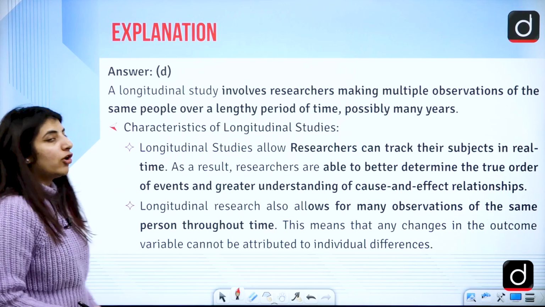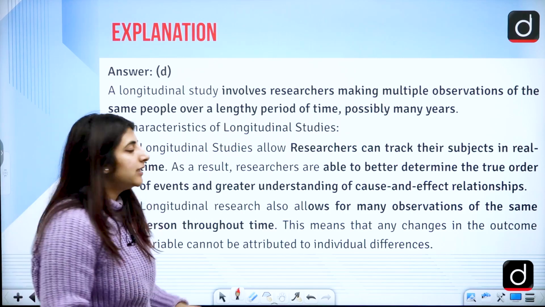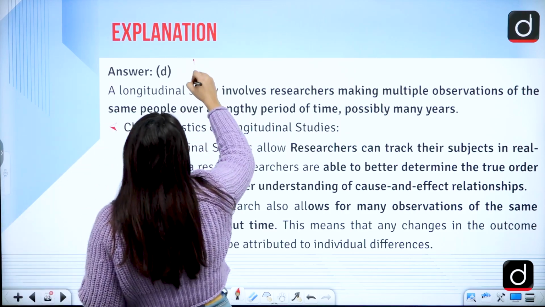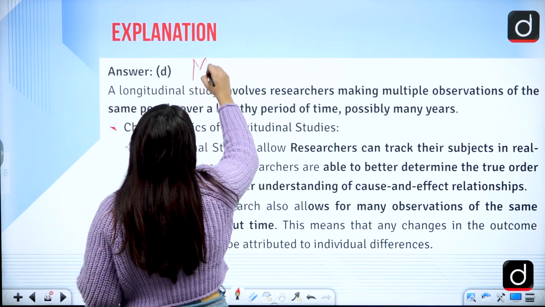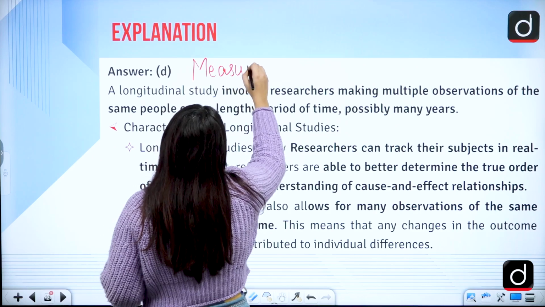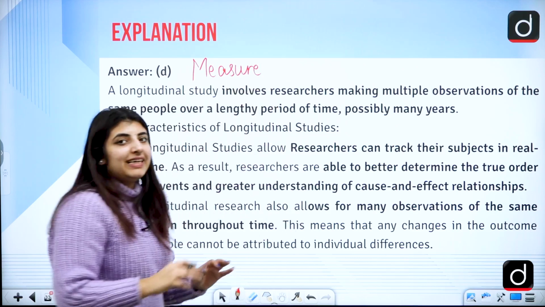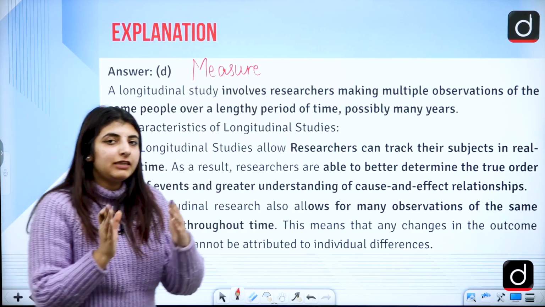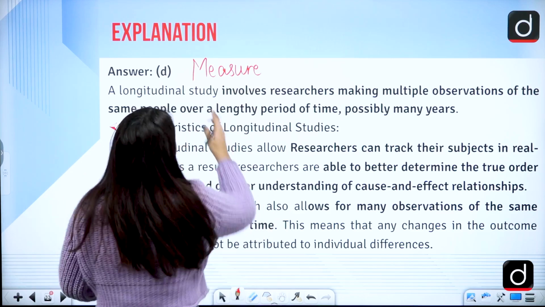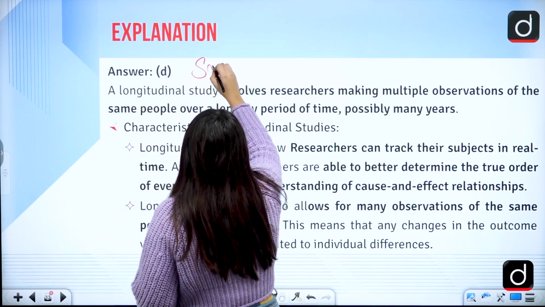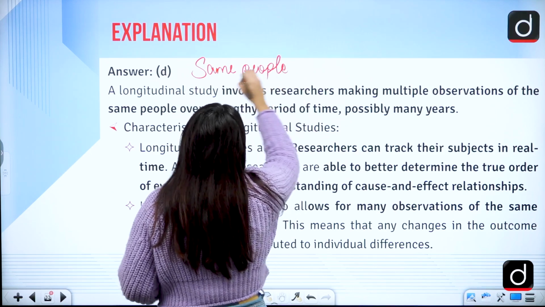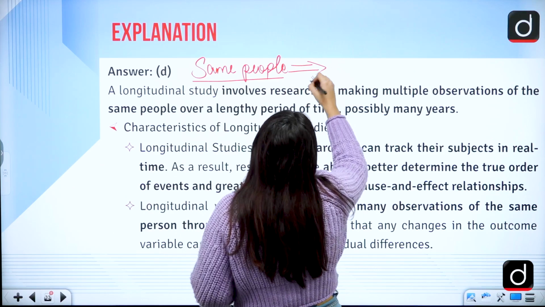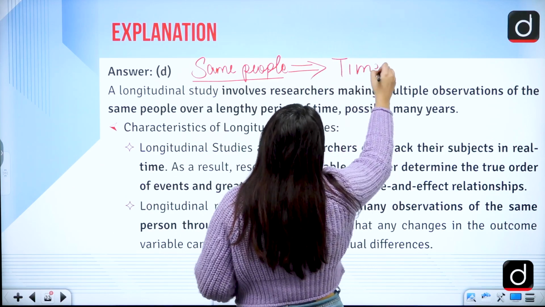First of all, longitudinal studies are something where we are going to see the same people at different times. The participants will remain the same, but the time will vary.